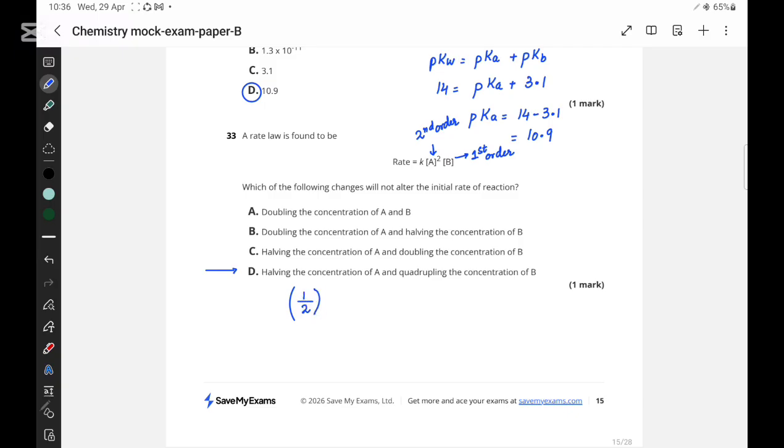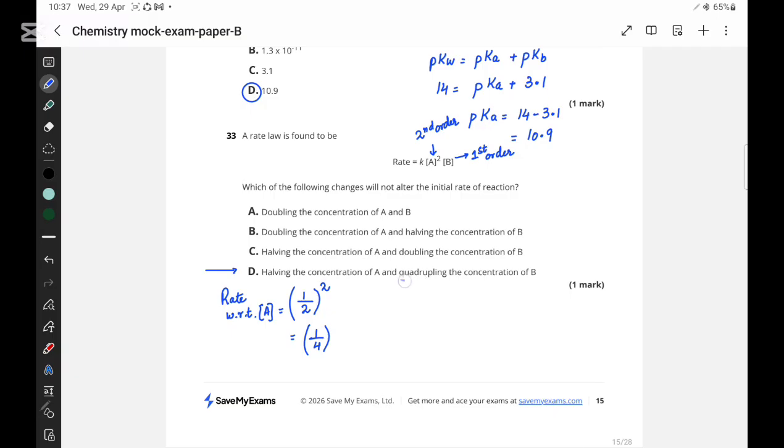And we know for second order, if you halve the concentration of A, then the rate changes by 1/2 squared, so the rate with respect to A comes out to be 1/4.